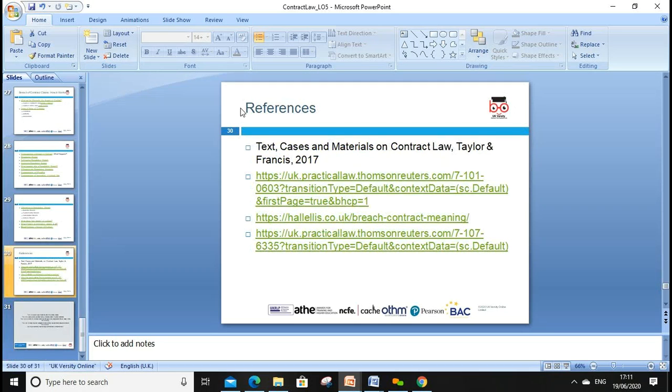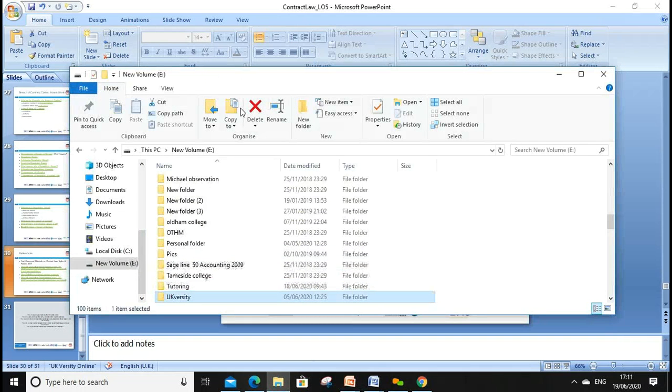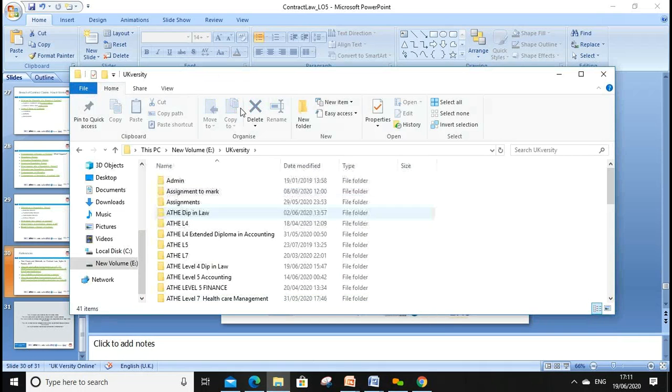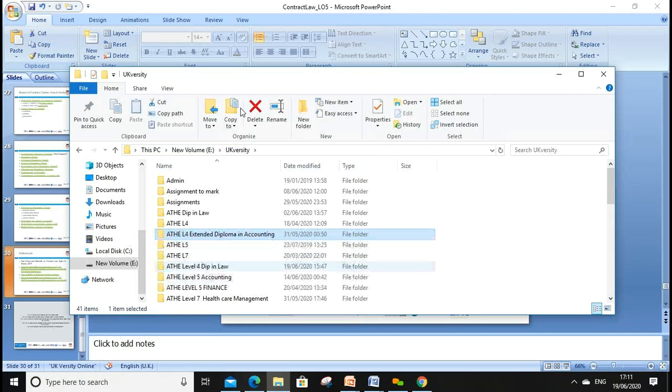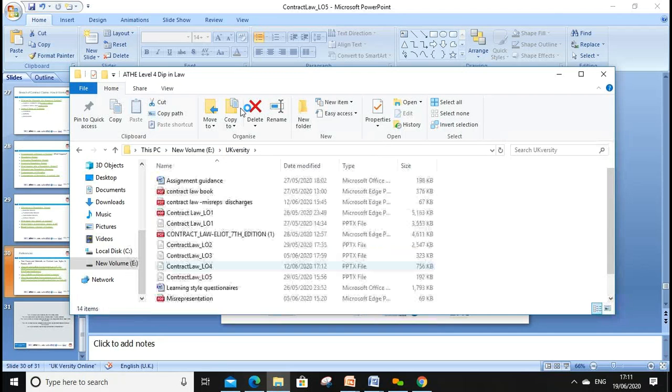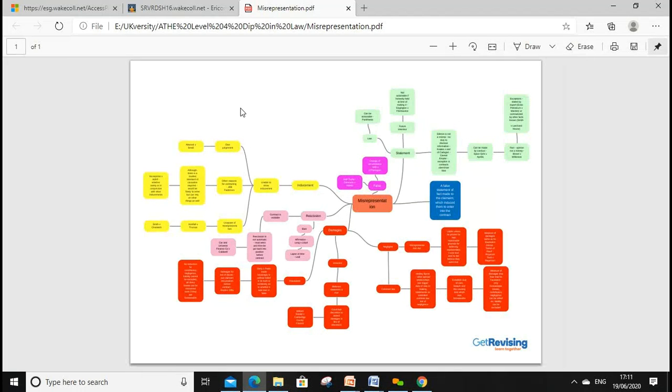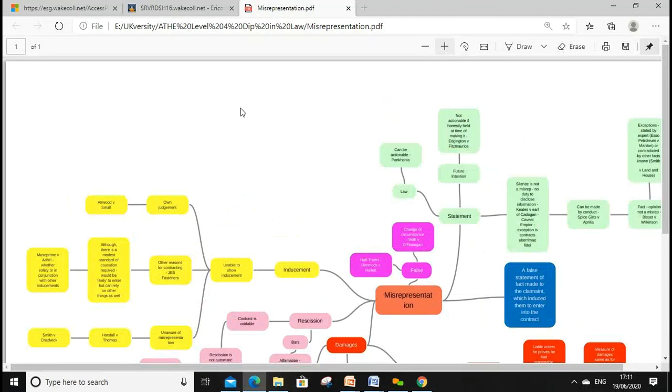Further, in the contract law, I'll upload all the mind maps. Like last lesson, the mind map was, I think I already sent it. If you look there, misrepresentation, and within that it is all about inducement.